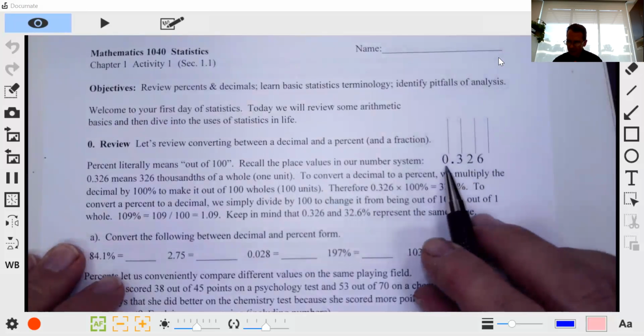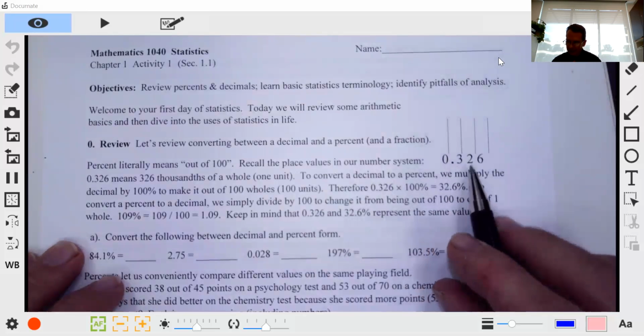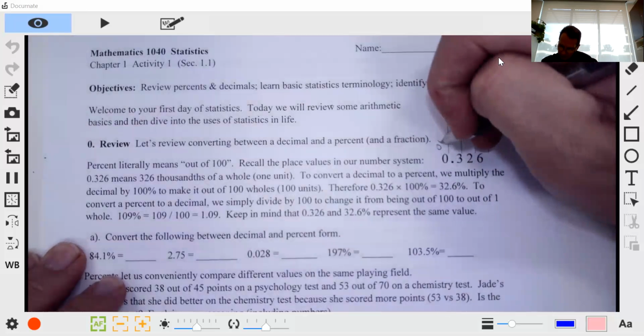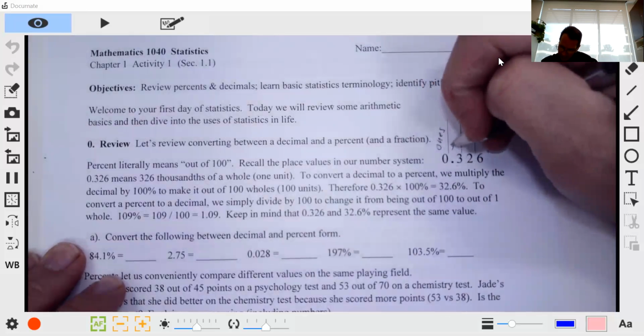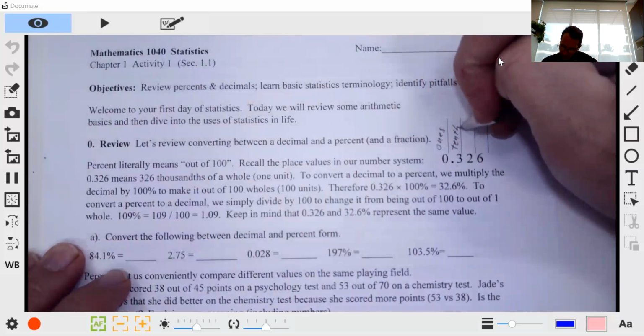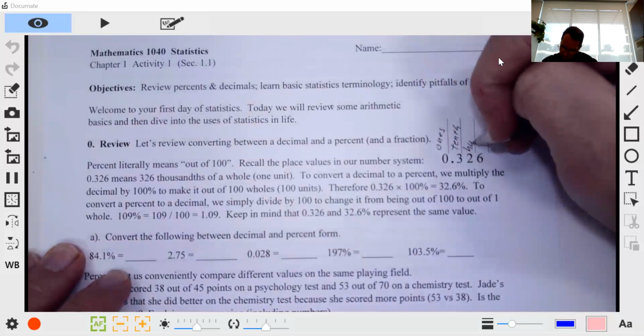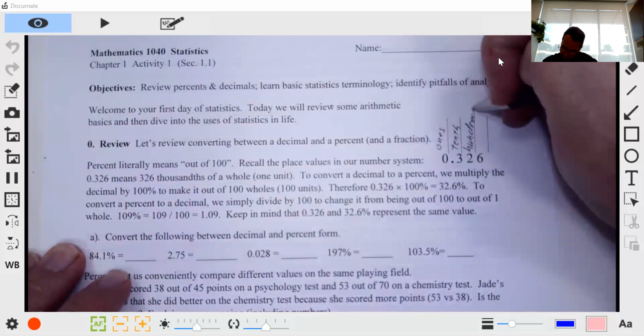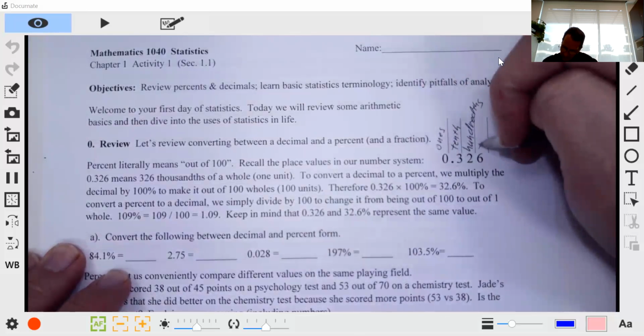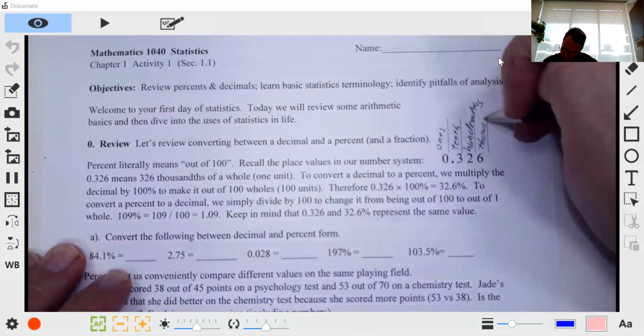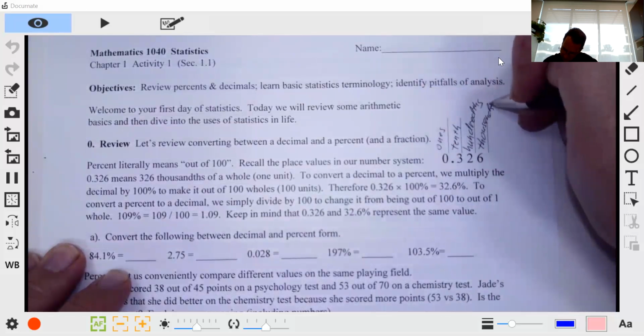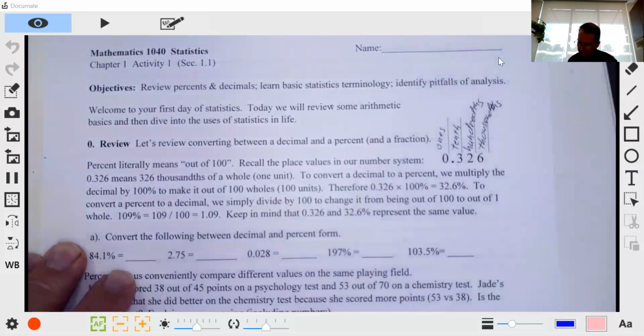So if I take the number 0.326, this is the ones place value, the tenths, like dimes, the hundredths, and the thousandths place value. Okay.